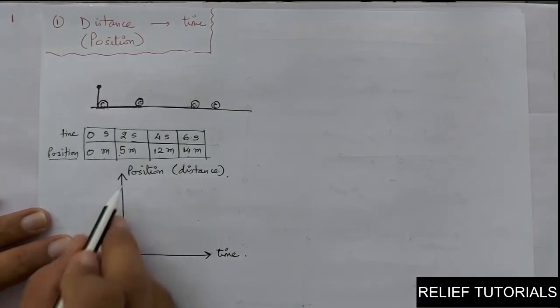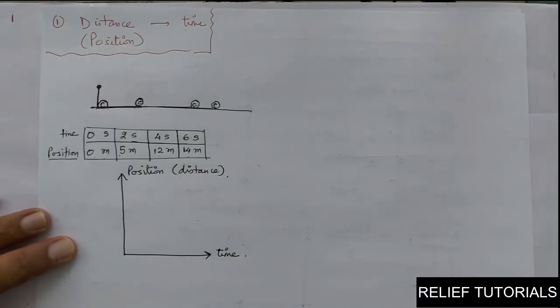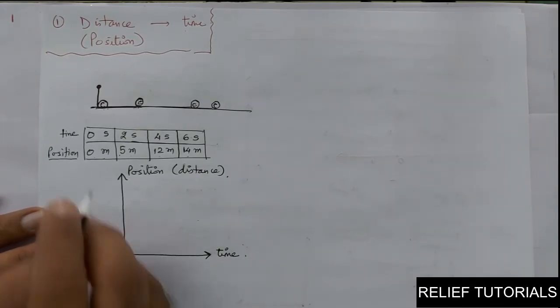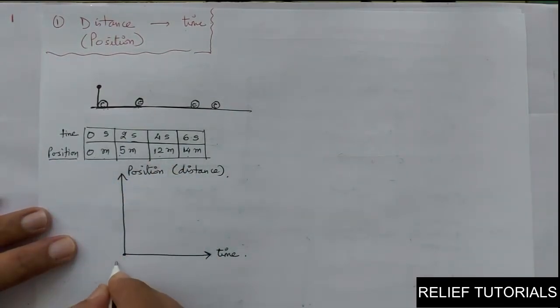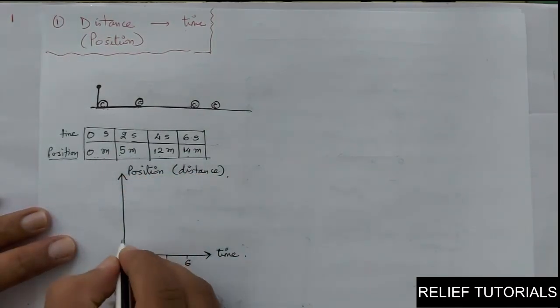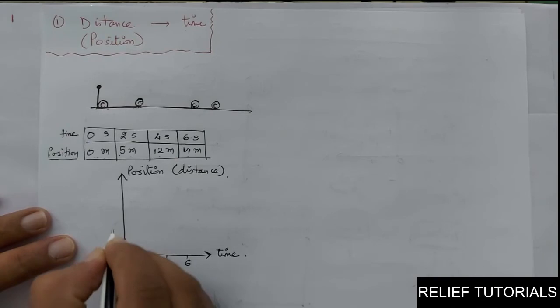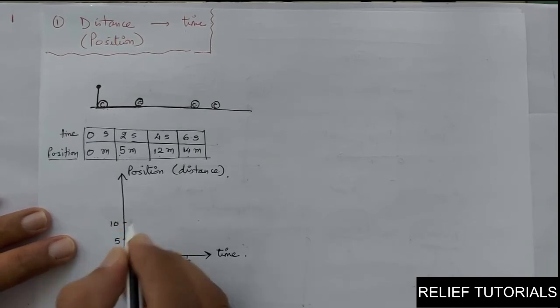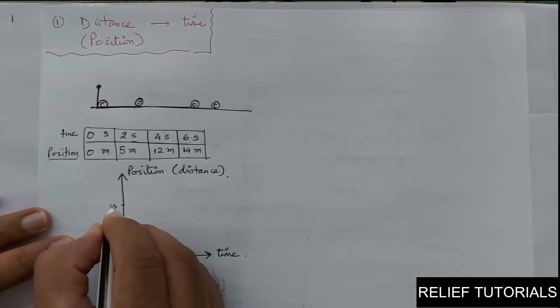Okay, so a position versus time graph. Now time 0, 2, 4, 6, and here the distance as 0, 5, 10, up to 40. So we can have the scale of 5. So 5, 10 and 15.